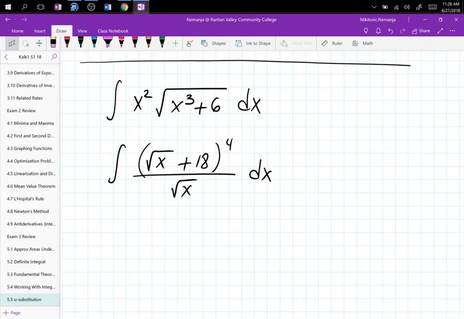See that? So this is where u-substitution becomes tricky, when we have more interesting problems that could go more than one way.